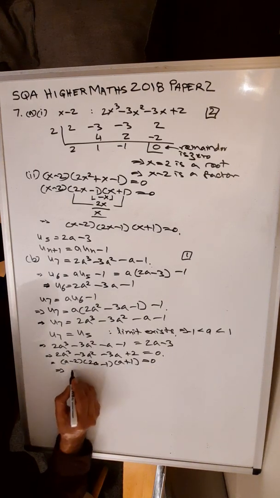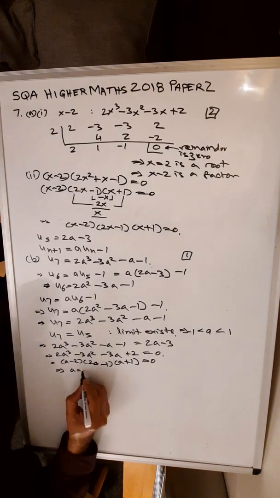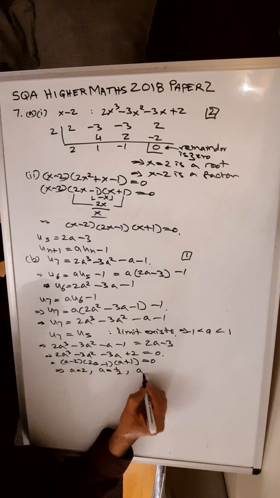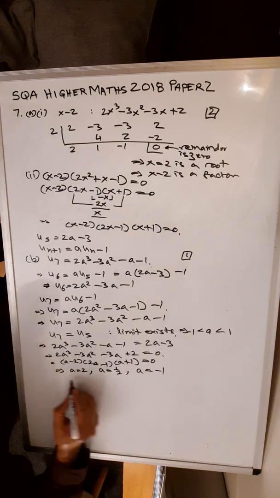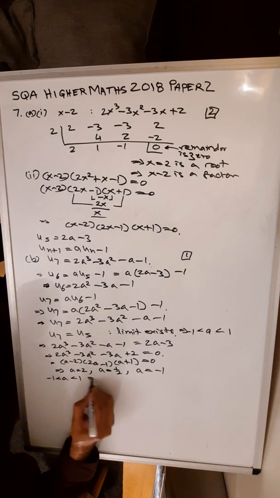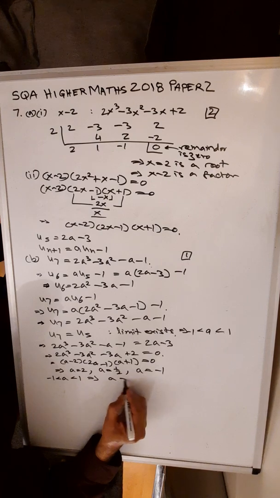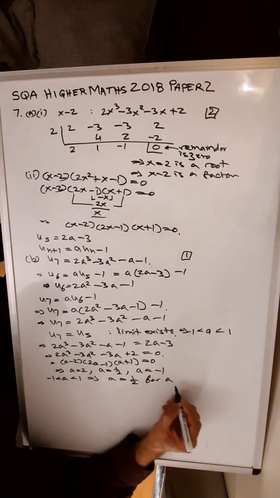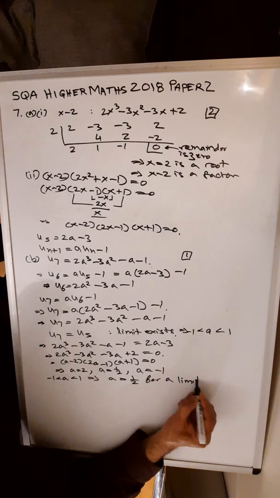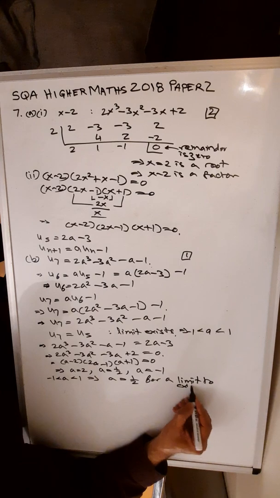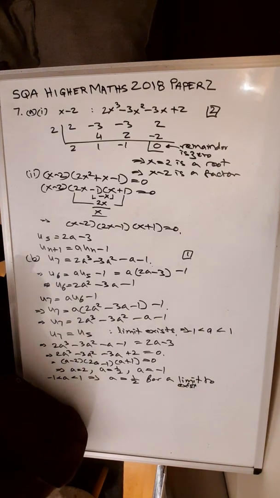So that means that a is equal to 2, a is equal to a half, and a is equal to minus 1. a is greater than minus 1 and less than 1 implies that a is equal to half for a limit to exist, and you are told that the limit exists, so a has to be a half.